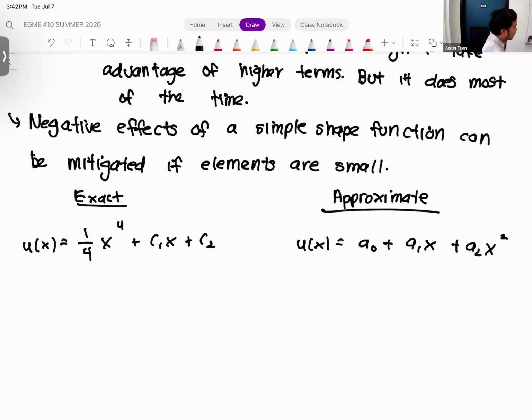The main point of contention here is the fact that our exact solution has that x to the fourth term, which we say it's impossible for our approximate solution to account for.